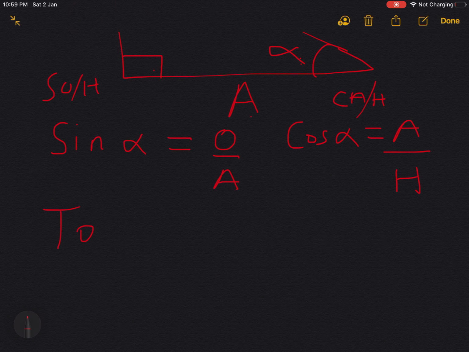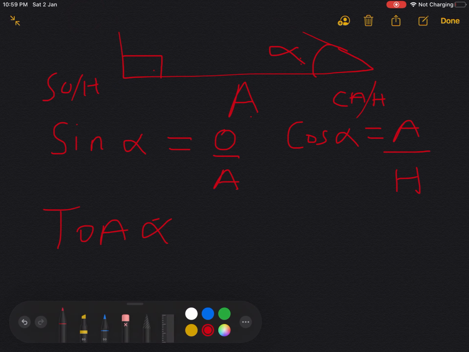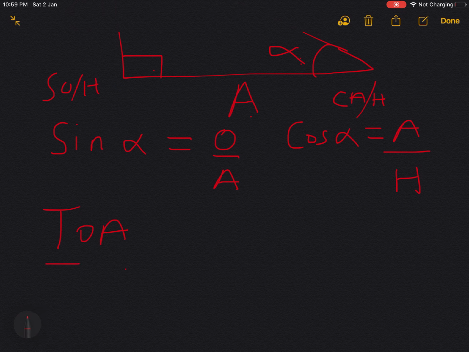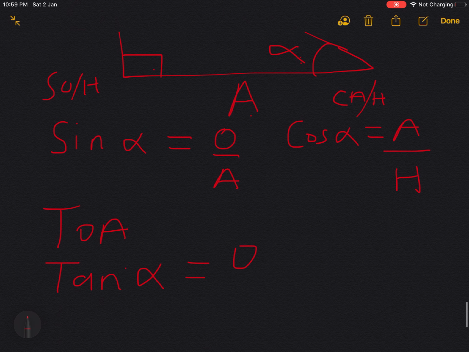And TOA means the tangent or the tan of the angle in question is equal to the opposite over the adjacent.